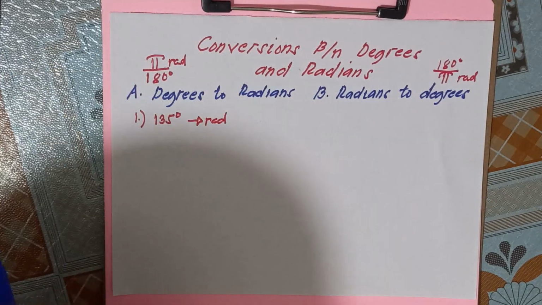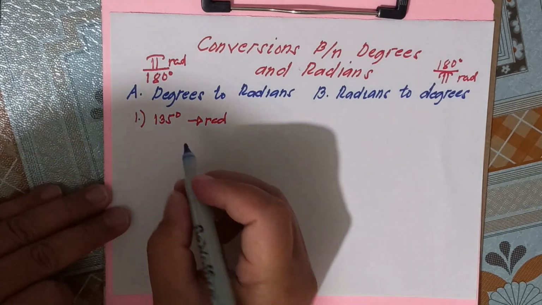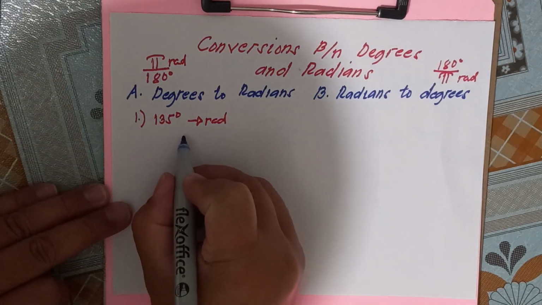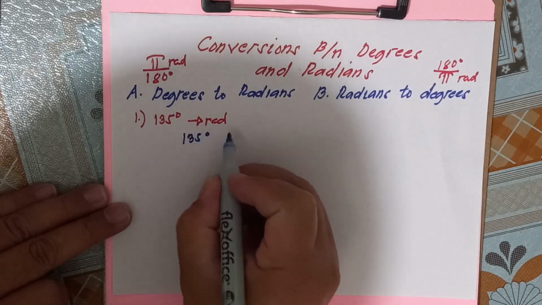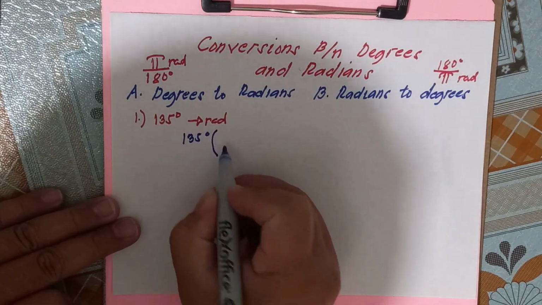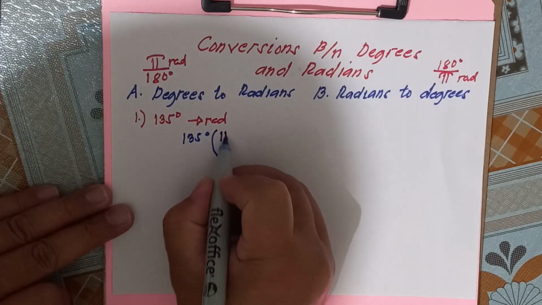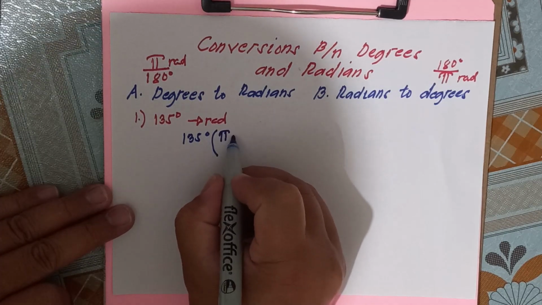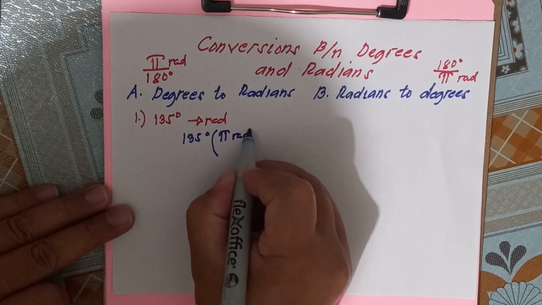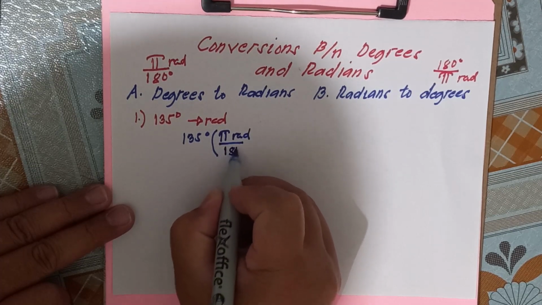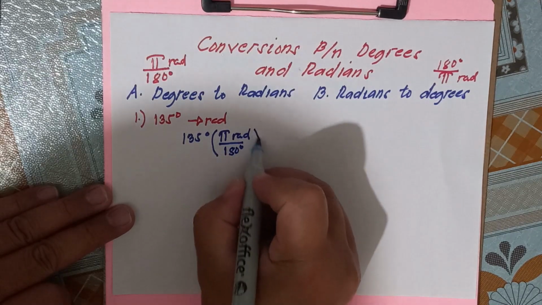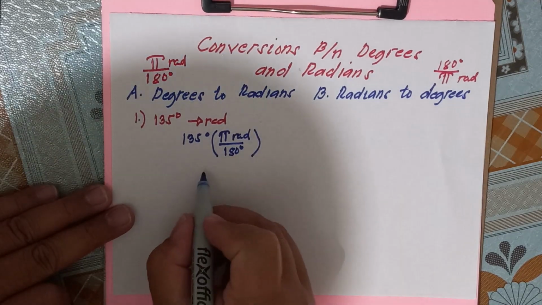We just say 135 degrees multiplied by pi rad over 180 degrees.